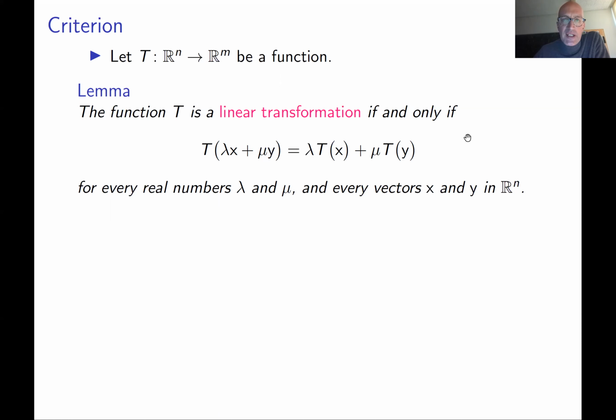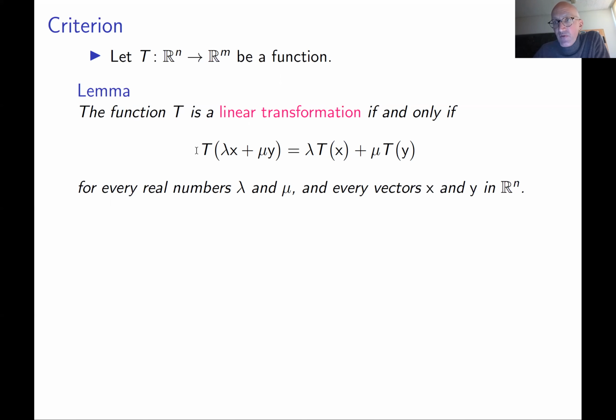This is not complicated. One way, you have to prove that if your function T satisfies the conditions of this lemma, then it's a linear transformation. You have to check that 0 goes to 0. You just substitute lambda and mu to be 0, and you get 0 is indeed 0. The first property is satisfied. To check the second property, it's enough to substitute lambda and mu to be 1. Then this equality becomes the second property of linear transformation.